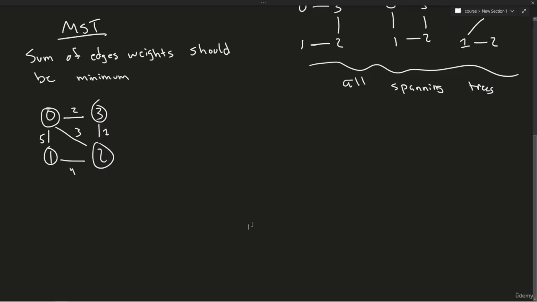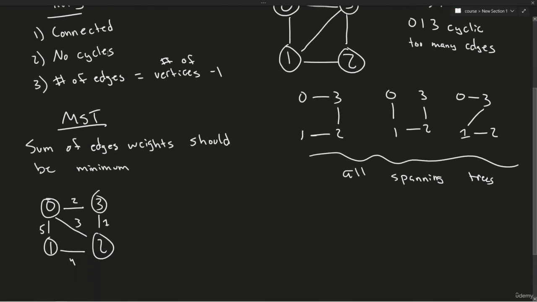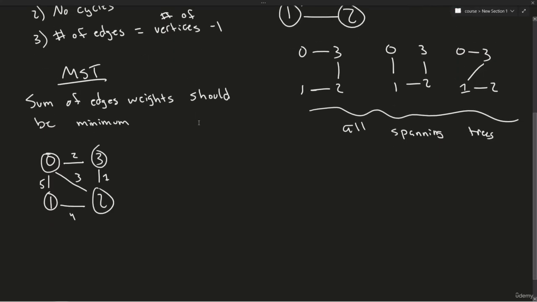So if we want to create a minimum spanning tree to this, then we want to satisfy our three rules above of it being connected with no cycles, and the number of edges is equal to the number of vertices minus 1. So for us to do this, we can start out at vertex 0, and we see that from vertex 0 we can go to 3 or to 1, but we see that we have an edge of weight 2. So let's take that.